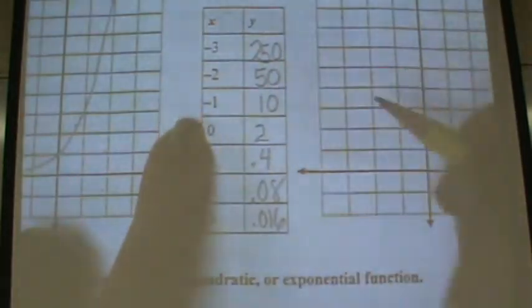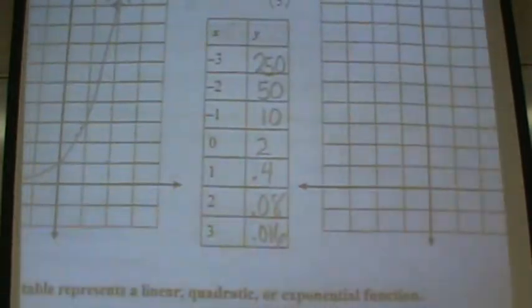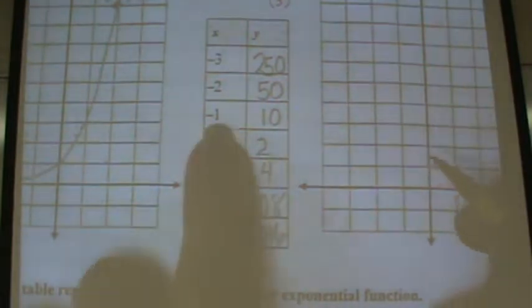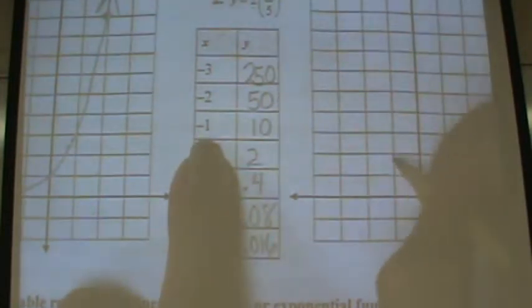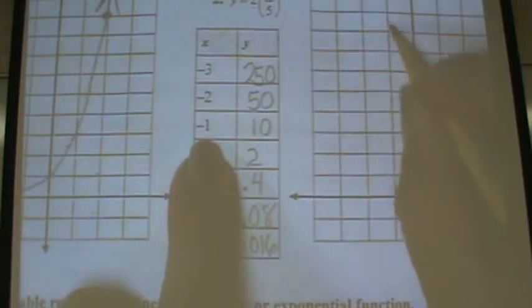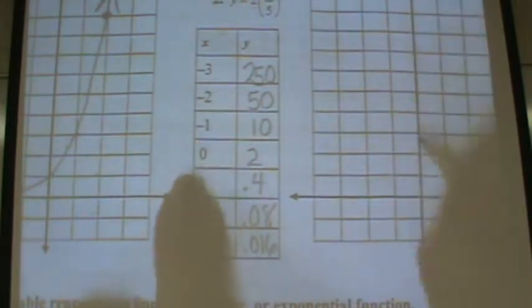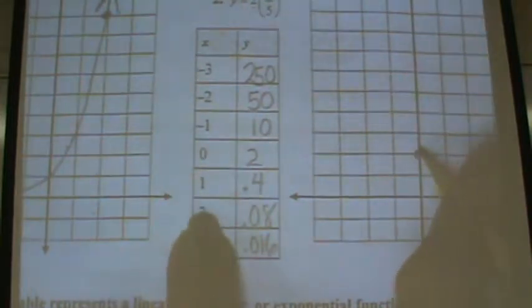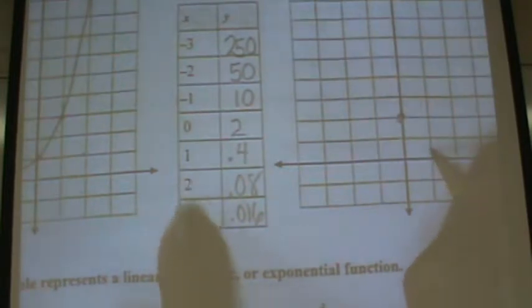So if you were to graph this, obviously these two are off. We don't have enough room unless we change our y values. We're not going to do that. We're just going to graph negative 110, 2, 3, 4, 5, 6, 7, 8, 9, there's 110, negative 110, 0, 2, and then 1.4.